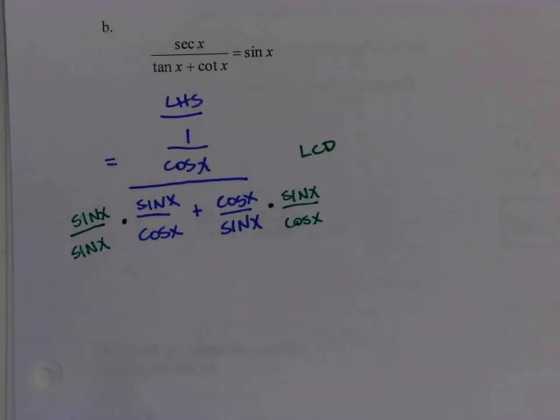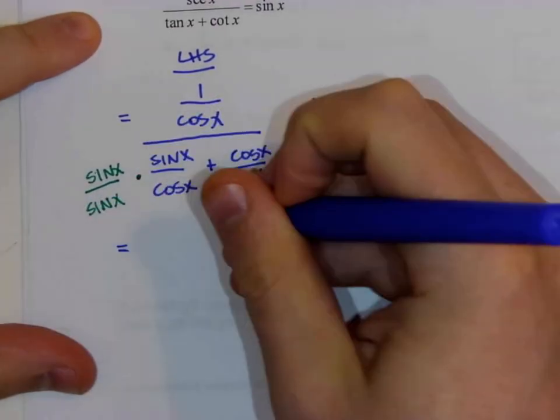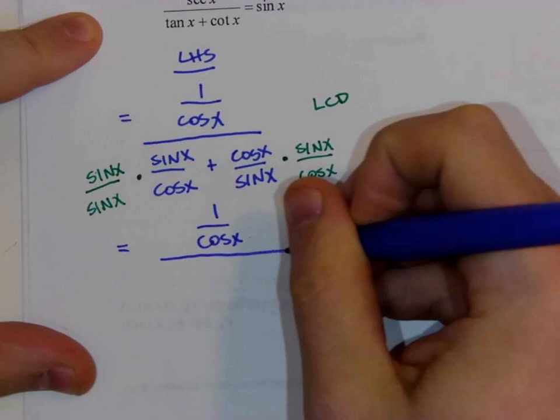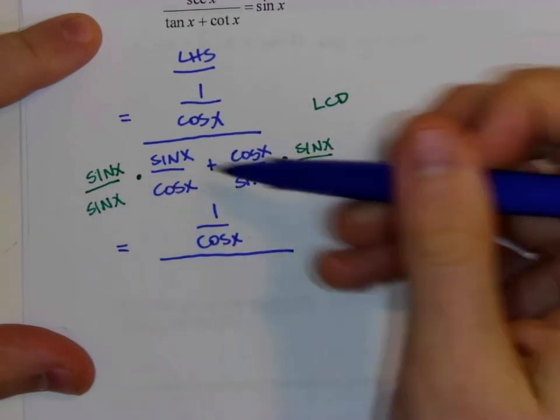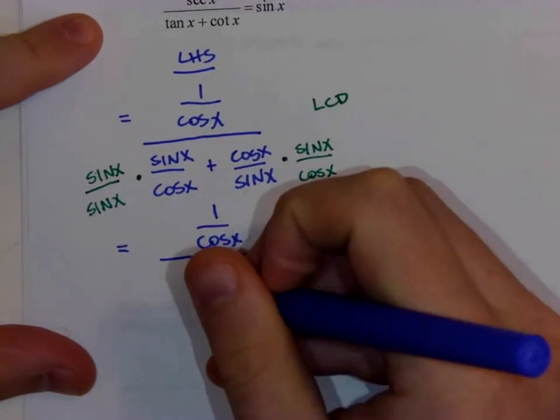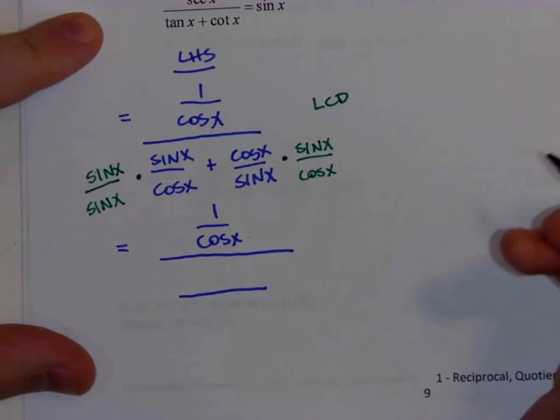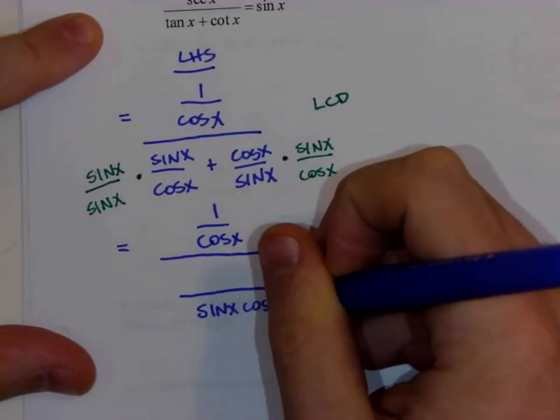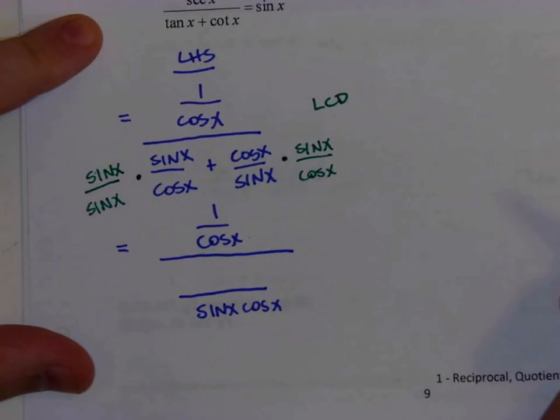Back to this one. Now the common denominator is the same for both. So on top, nothing changed. You still have 1 over cos, but on the bottom, the left fraction is sine cos, the right fraction is sine cos, and when you add or subtract fractions together, they go over their common denominator in the next step.